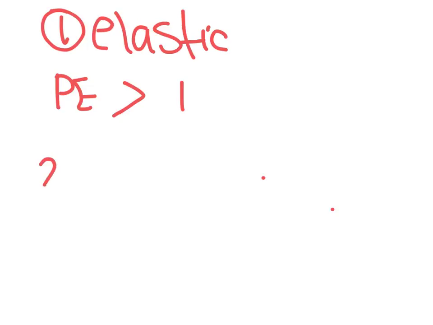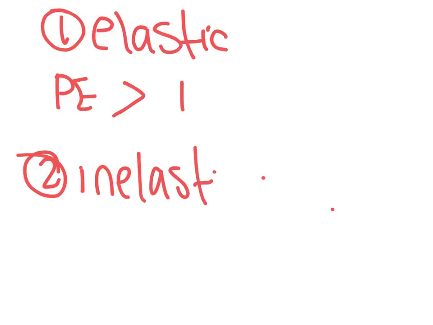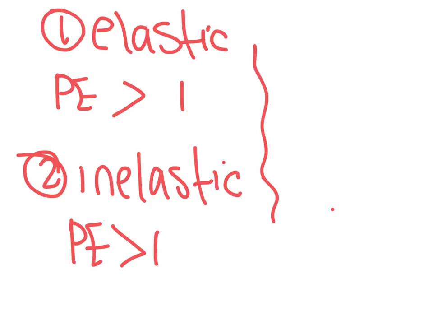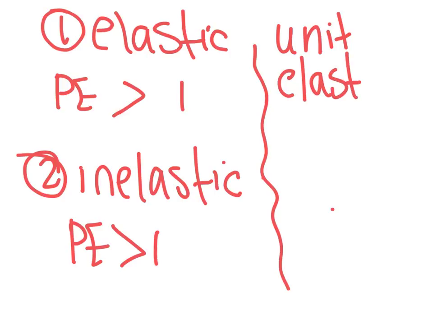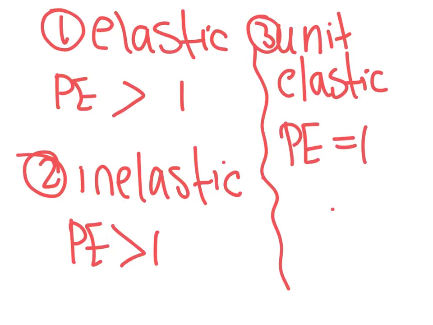The second type is inelastic, and that is when the price elasticity is less than 1. And the last type is unit elastic. This is the third type, and that is when the price elasticity equals 1.